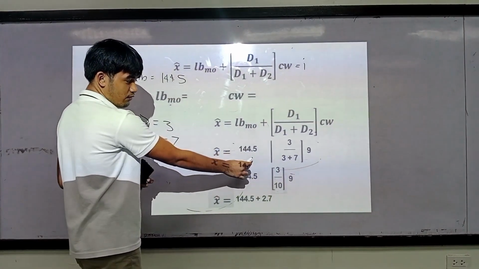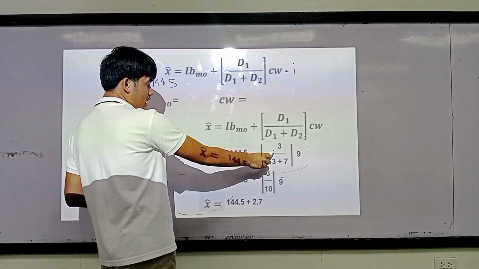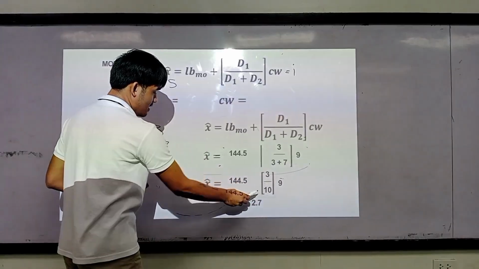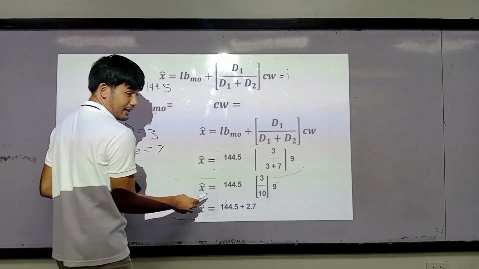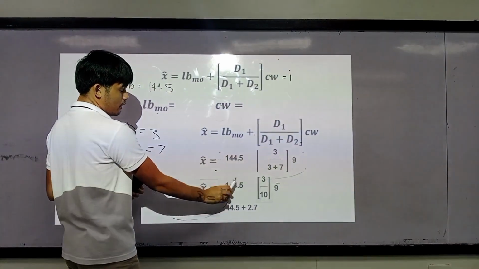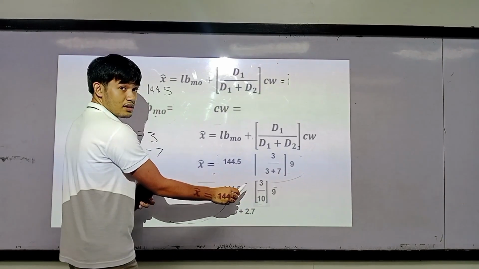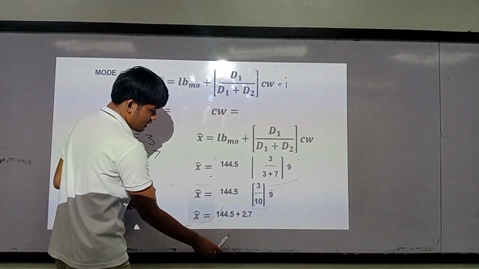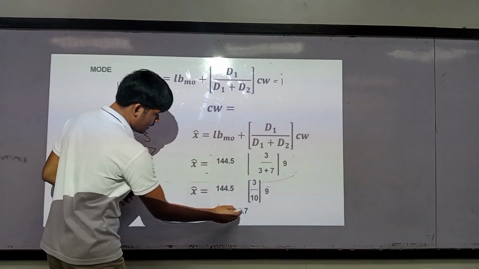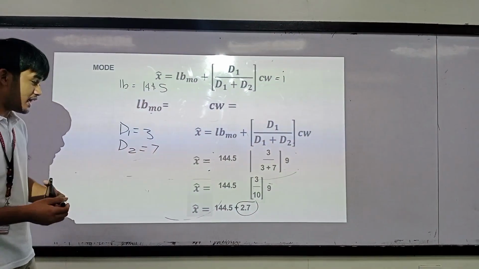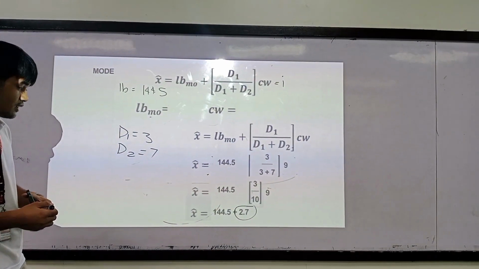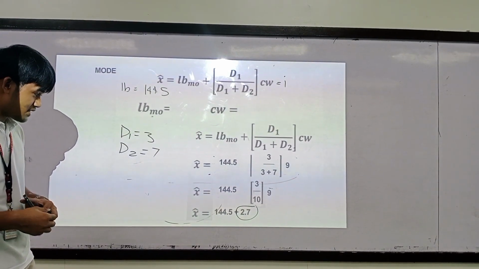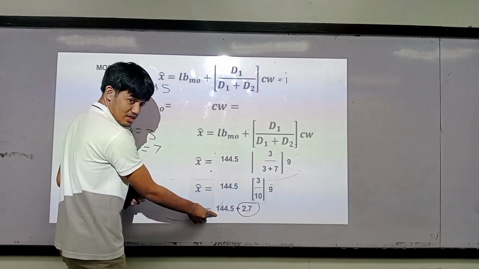So 144.5 plus 3 over 3 plus 7, which is 10, times 9. So 3 divided by 10 times 9, then we can get the value of 2.7. So after getting the value of 3 over 10 times 9, then we will just simply add these two.